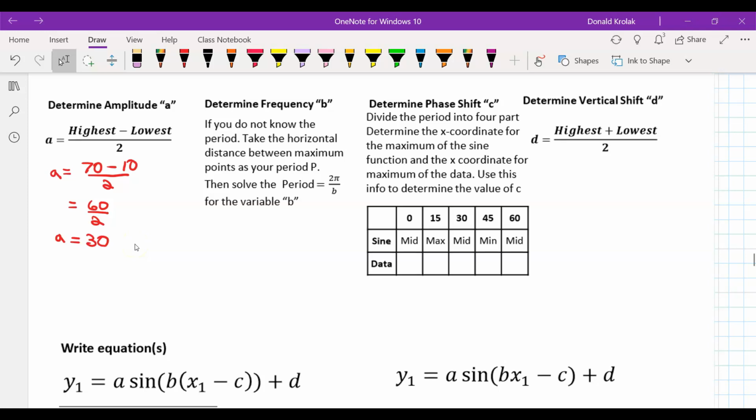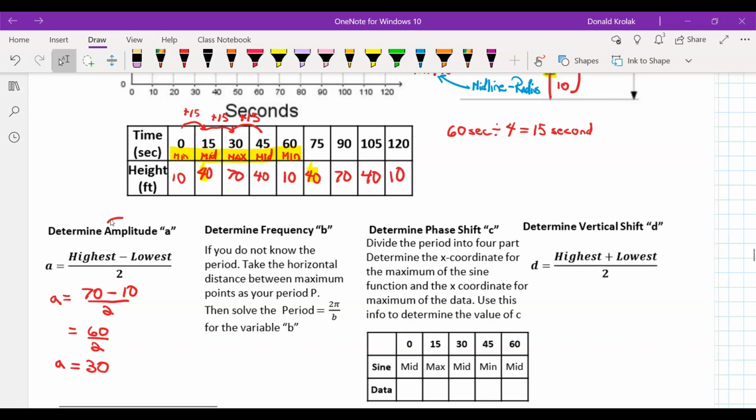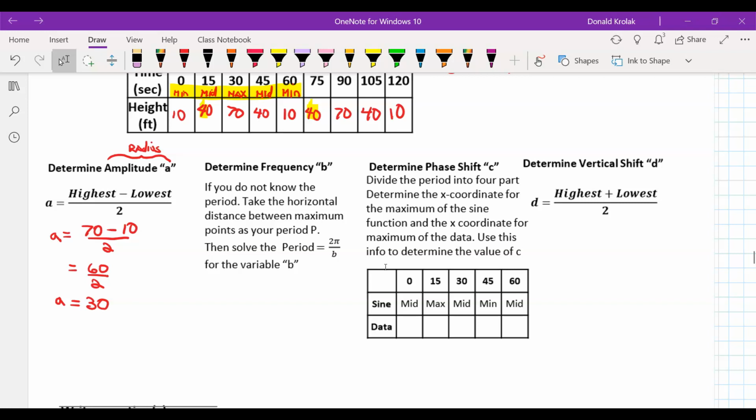So your amplitude is always going to be the same as your radius. And your vertical shift is going to be your axle.